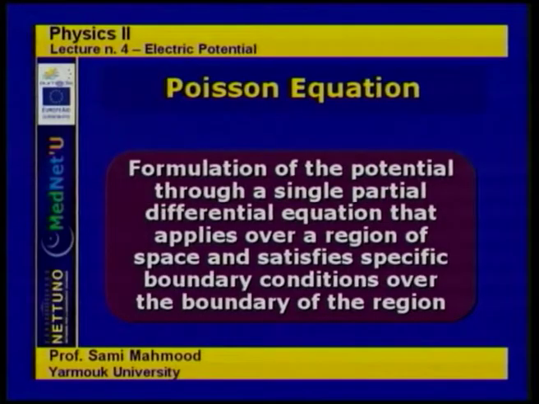Through a single differential equation that applies over a region. So if we can set up a differential equation concerning the potential that applies on a certain region, and we know the boundary conditions at the boundaries surrounding that region, then we can construct the potential, and we can evaluate the potential that satisfies these boundary conditions.